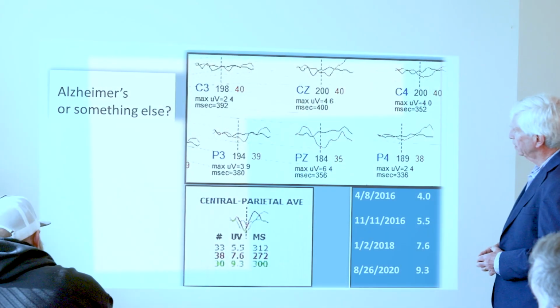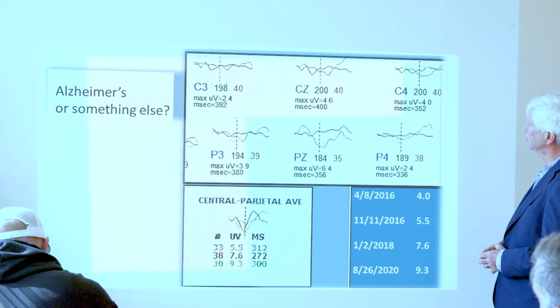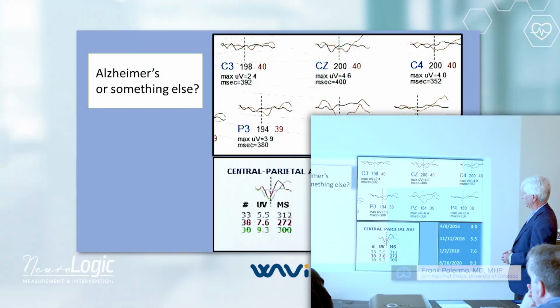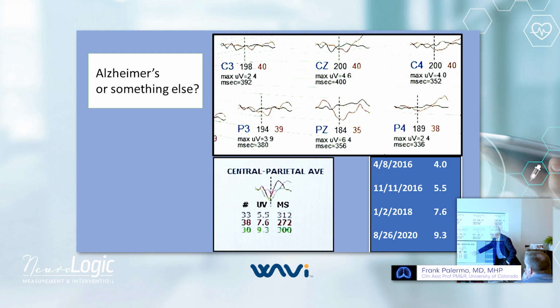Now, what I had looked at was the central parietal average. And these are my scans. Anyway, when I first did the test in 2016, I got a 4.0 on central parietal average, and then it improved to 5.5 with just some of my modifications.